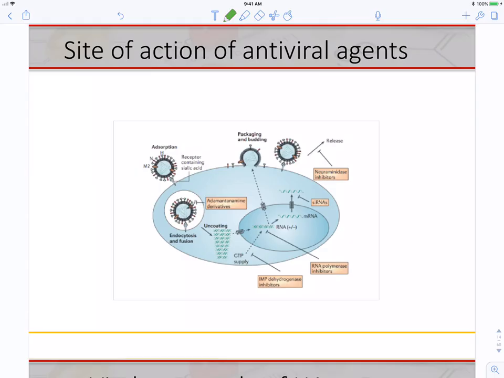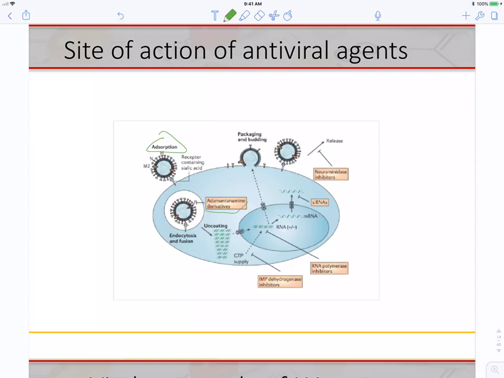Now let's look a little bit at the sites of action of anti-influenza agents. So we have several processes. Again, we remember we talked about absorption, where we have interaction of hemagglutinin with a receptor that has sialic acid. We then have endocytosis, and then during endocytosis with low pH, hemagglutinin rearranges and uncoats the virus that then gets released into the cytoplasm.